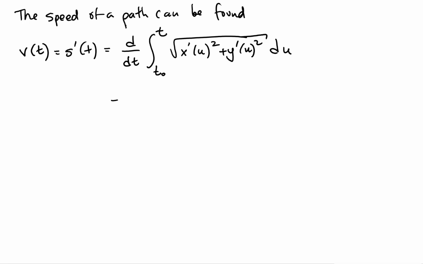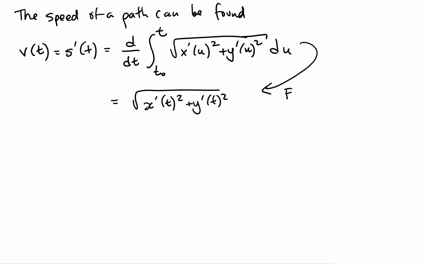And so this will equal the square root of x prime t squared plus y prime t squared. And this step is true by the fundamental theorem of calculus part 2.